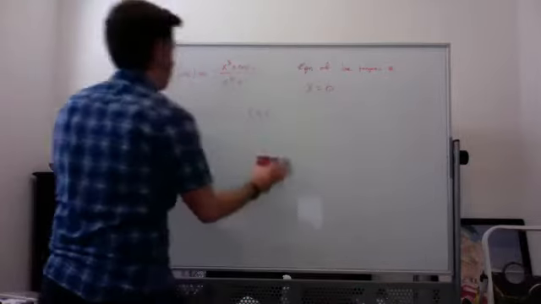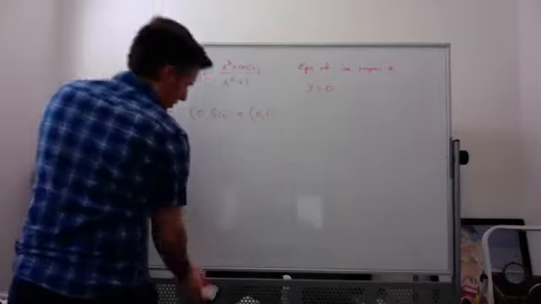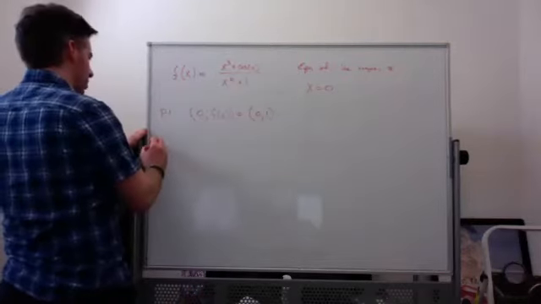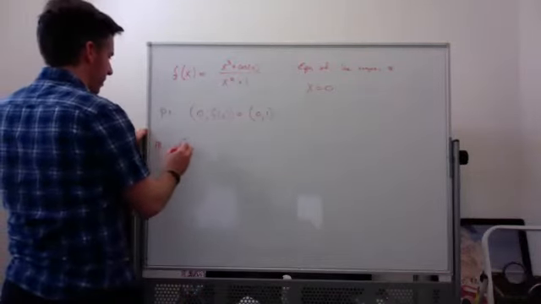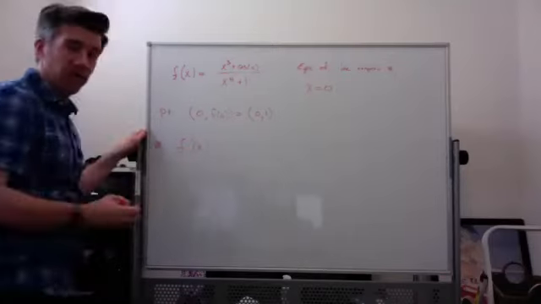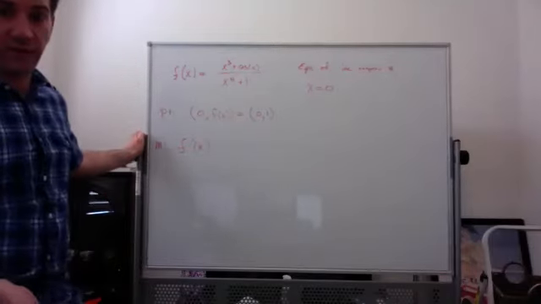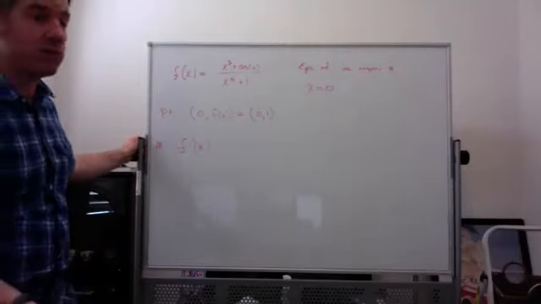So then we have to find the slope. So to find the slope, we're going to use the derivative. And I would just find the derivative generally, and then after I find the derivative, plug in x equal to 0.